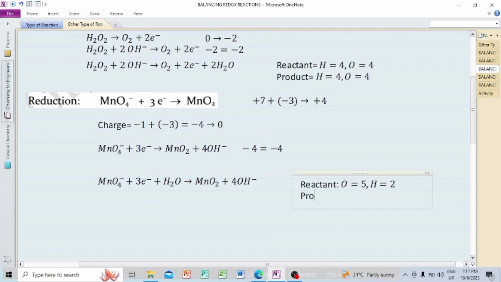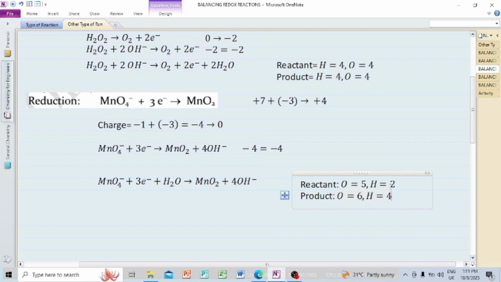On the product side, for oxygen, we have 2 plus 4 is 6. For oxygen, we have 6. And for hydrogen, we have 4.